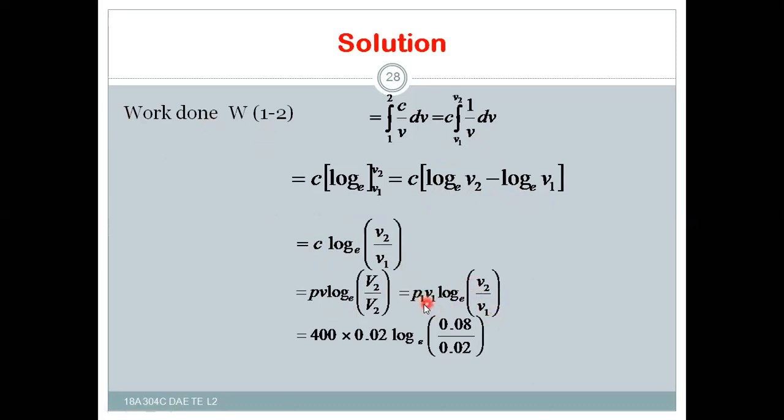After this, P1 is known for us, 400 kilonewtons per meter square, and V1 and V2 are also known for us. That's why after substitution, you will get 11.09 kilojoules. This is the formula.